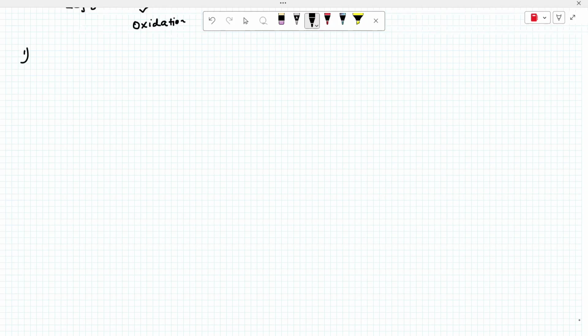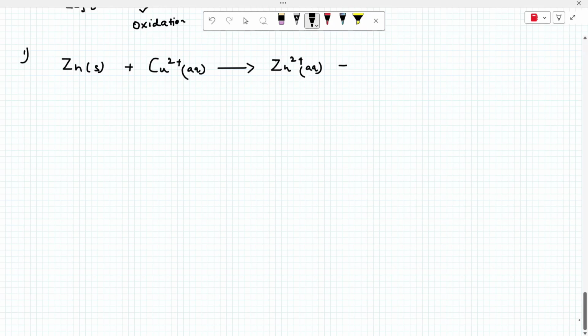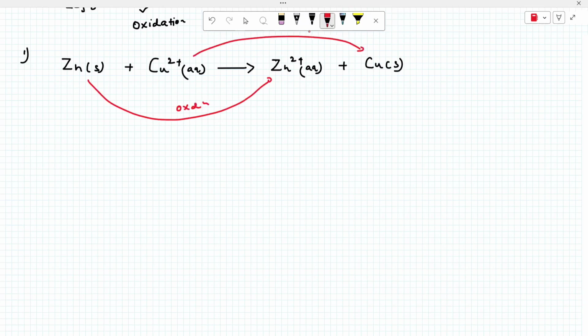See, start from a galvanic cell. Zn solid plus Cu2+ aqueous gives Zn2+ aqueous plus Cu solid. Now we know very well zinc undergoes oxidation, copper undergoes reduction. Oxidation is always on the left or right?